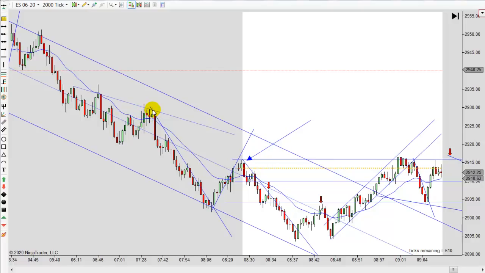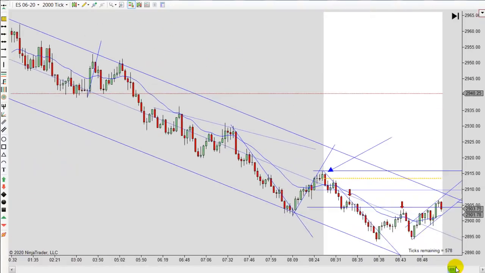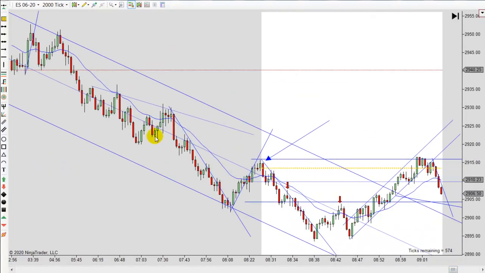But this was one you'd probably, at this point, this was looking more like an overshoot. Let me back up a little bit. Notice we were kind of in here, and it looked like maybe we're overshooting, but at some point you have to say, hey, this may not be an overshoot, we may be going lower. But right in here, you can tell a lot of people are undecided.